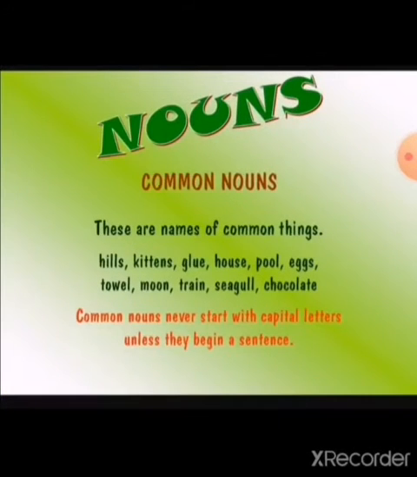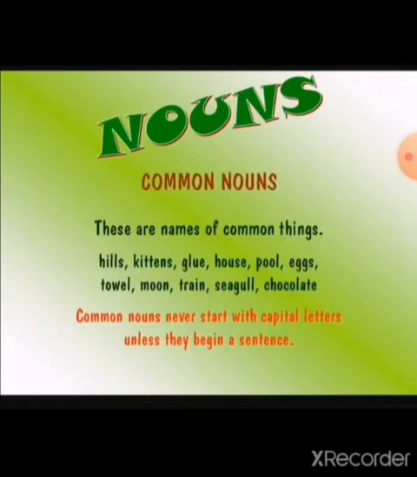The second one is common nouns. As you can see from the name common, these are the names of common things. Okay, common things, it can be common people, common places. Okay, for example, hills, kittens, glue, house, pool, eggs, towel, moon, train, seagull, and chocolate.